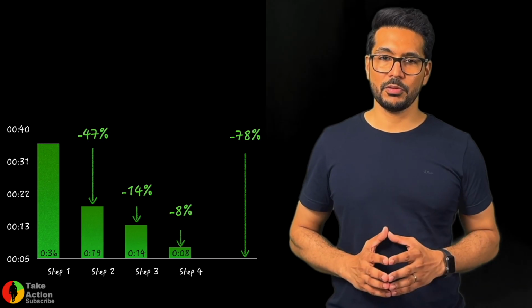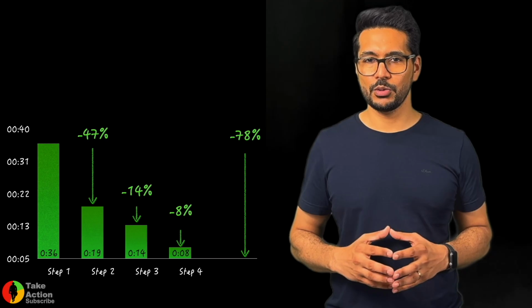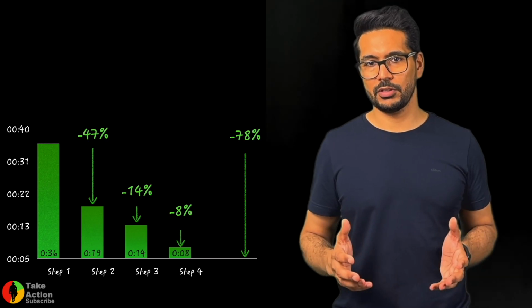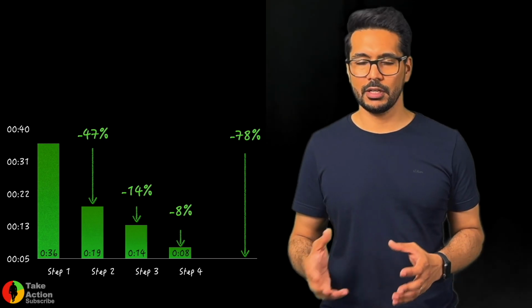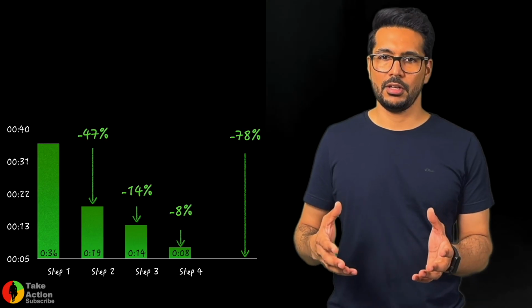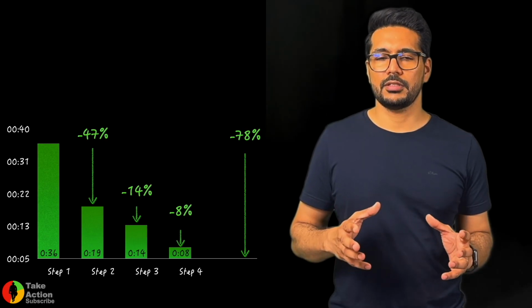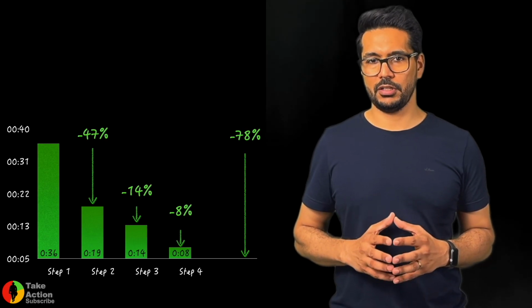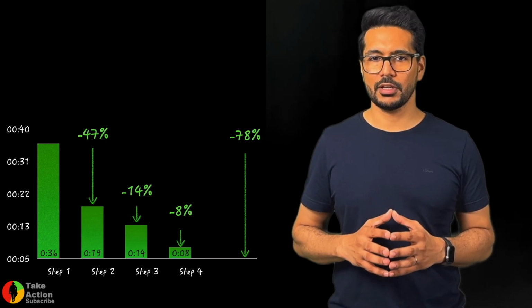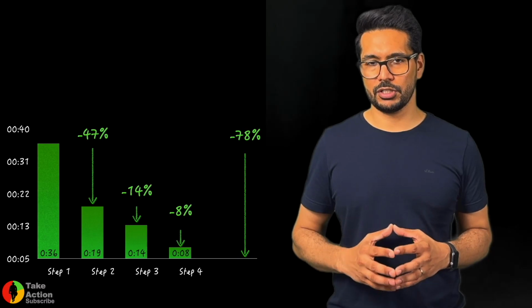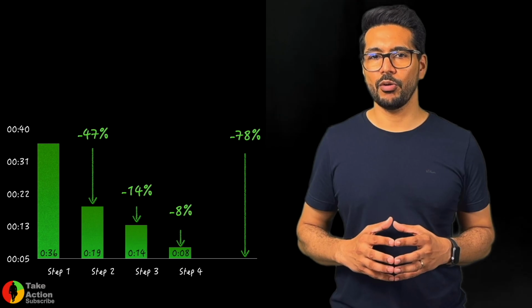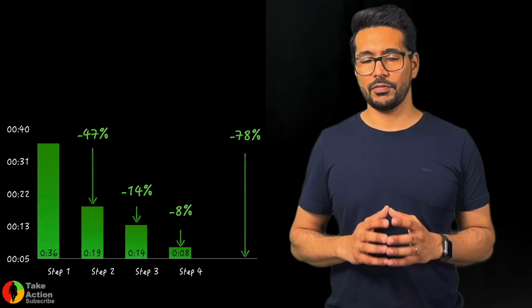Here in this example, we could reduce the setup time from 36 minutes to 8 minutes. In your case, it may not be that much reduction, but still there is a huge potential. If we use this tool, in normal cases 50% reduction in setup time is very common when we apply this method the first time.